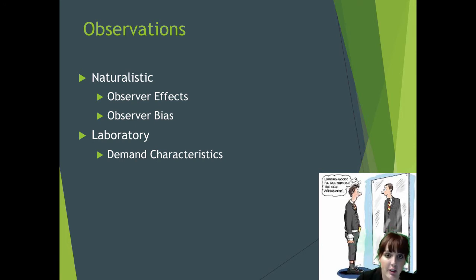When we talked about fear, we looked at the dilation of pupils or increased heart rate, as well as sweating. These are all physiological measures that can't be changed, and it's going to happen no matter what. And so that's a good way of overcoming both the observer effects as well as the expectations or the observer bias that we could see in either one of these settings.